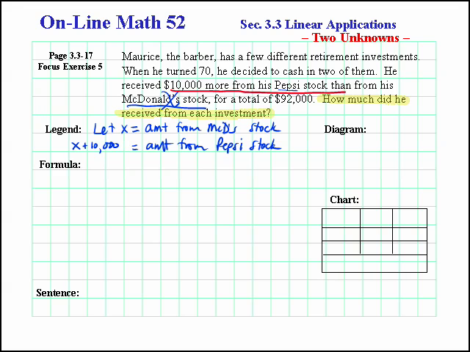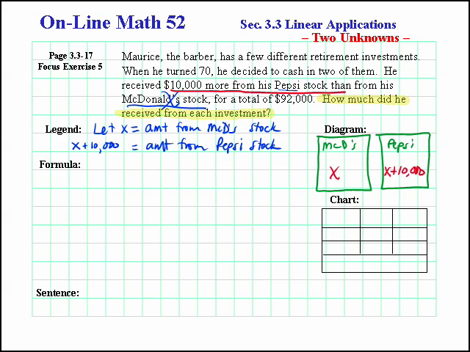Now, drawing a diagram, maybe something like this. Here's what his stock looks like. Usually it goes from one account to another, but we'll pretend it's a piece of paper. On here we have McDonald's, and we have Pepsi. The amount that we received from McDonald's is x dollars, and the amount from Pepsi is x plus $10,000.